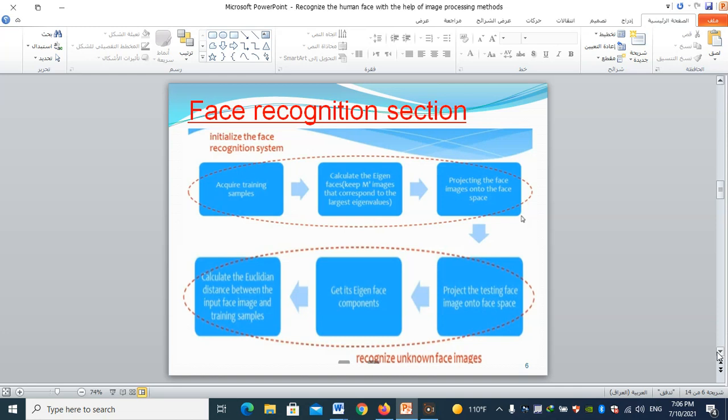The system is then ready for the other stage, called recognition of an unknown face image, which starts by projecting the testing face image into the face space. Then we get the eigenface components. The final step is to calculate the Euclidean distance between the input face image and the training samples.